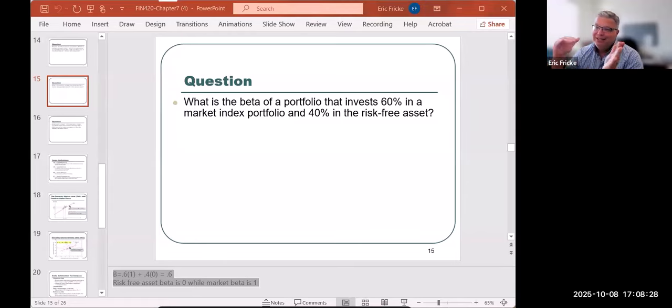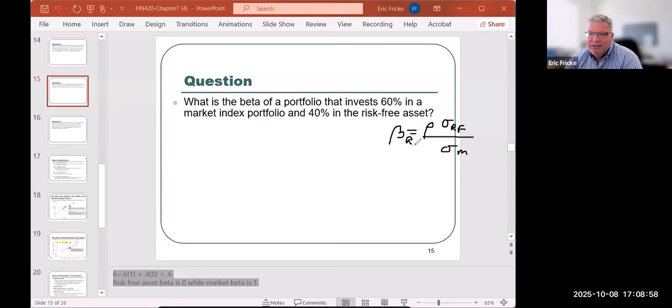It's perfectly aligned, right? How about the risk-free asset? Well, remember, beta was equal to the correlation coefficient between the market and the risk-free asset, multiplied by the standard deviation of the risk-free, divided by the standard deviation of the market, right?